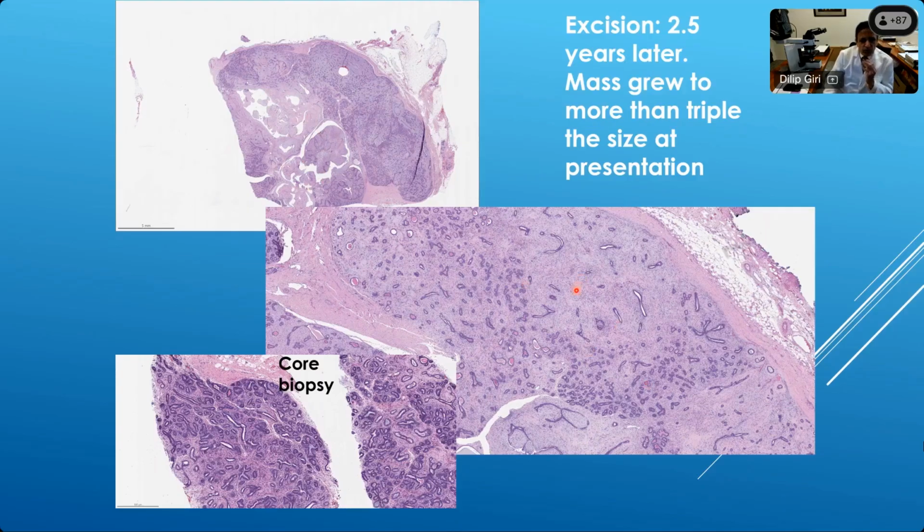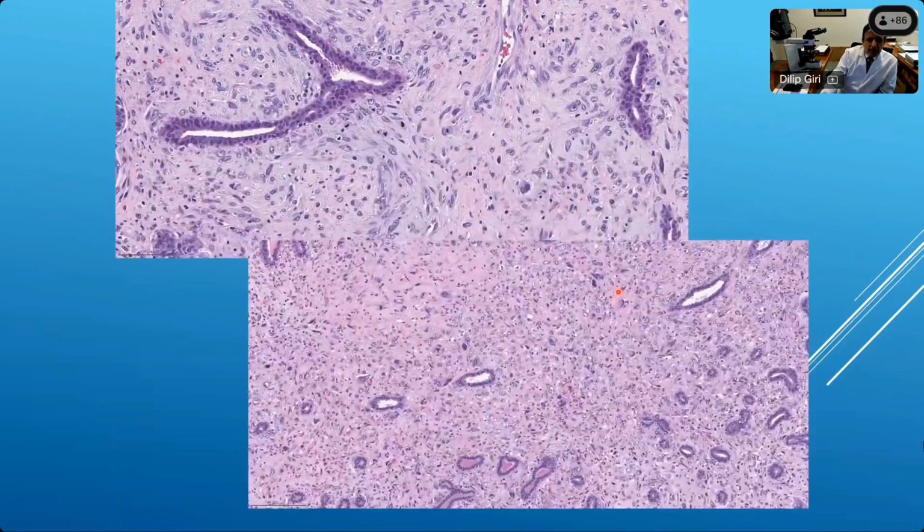So probably there were minute areas of Phyllodes tumor or malignant Phyllodes tumor in that biopsy sample, which were not seen in the biopsy, but in 2.5 years, now they are showing their true face. And this is now already a highly malignant lesion, right? So in 2.5 years, what initially looked like a fibroadenoma in a core biopsy, and any reasonable pathologist would have come to that conclusion, was in fact lurking underneath and grew into a highly malignant lesion 2.5 years later.